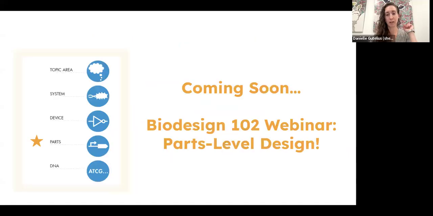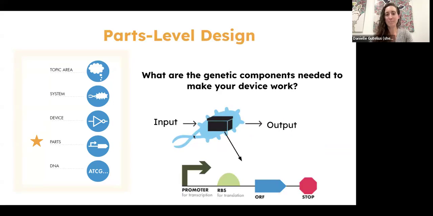Okay, so in our second webinar, we will get into parts. I'm going to preview that a little bit so that you can see why we're not tacking this on to the end of this webinar here. So for parts, we want you to start looking at what the genetic components are that you're going to need to make those devices actually work.